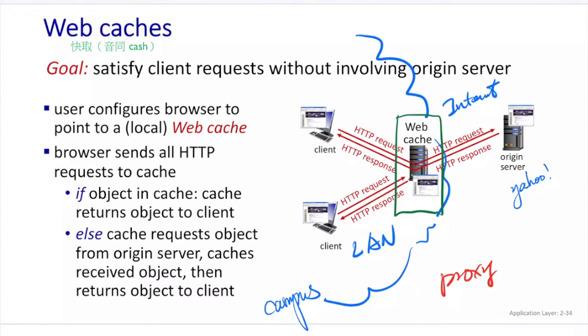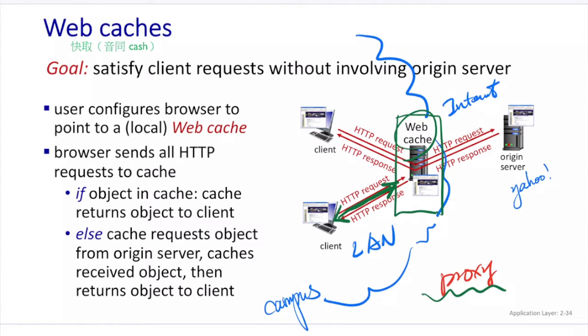So every time, for example, the first student who wants to retrieve the yahoo.com front page sends the HTTP request message not to yahoo.com. It sends the request to the local web cache server. It has another name, called proxy. Proxy and web cache are interchangeable.